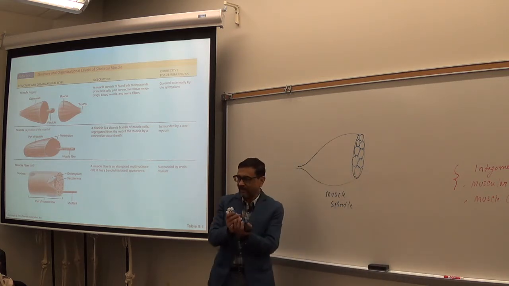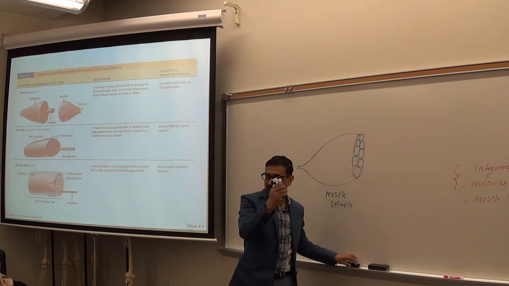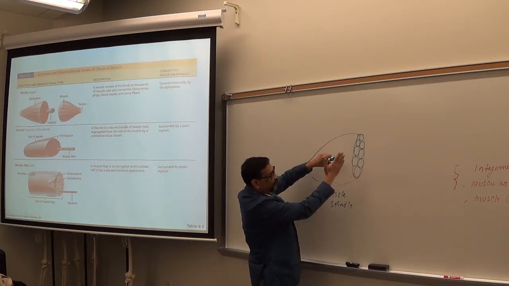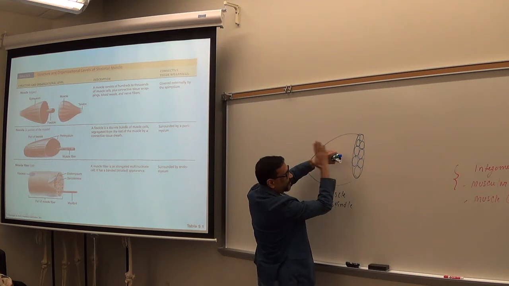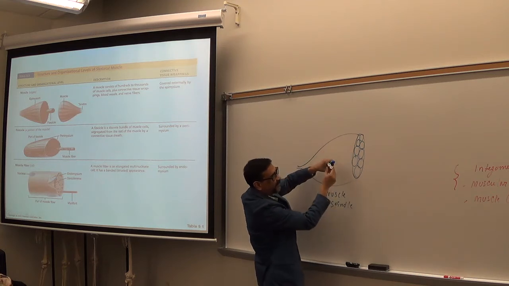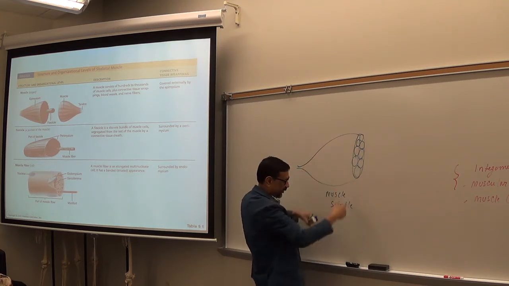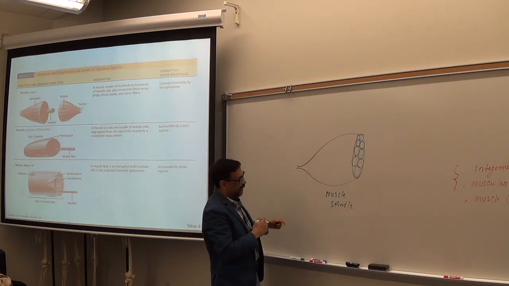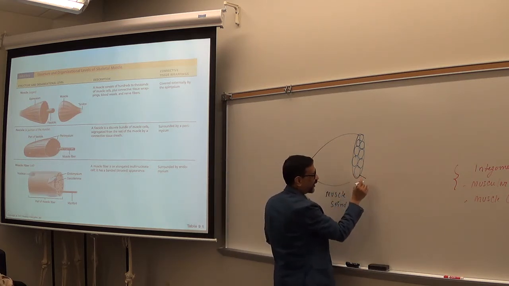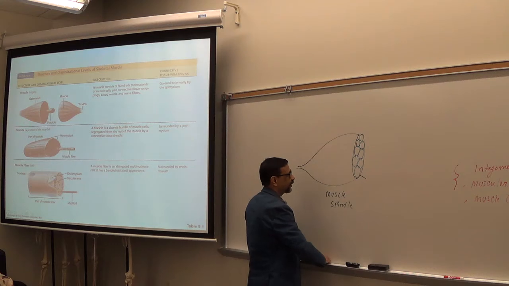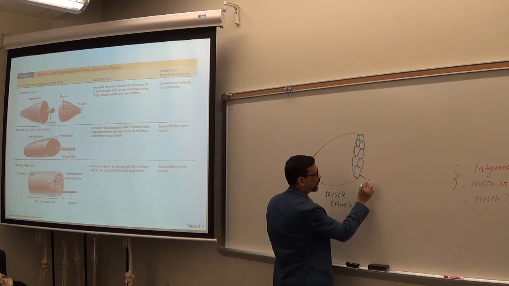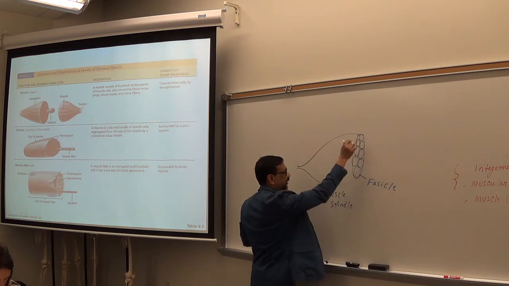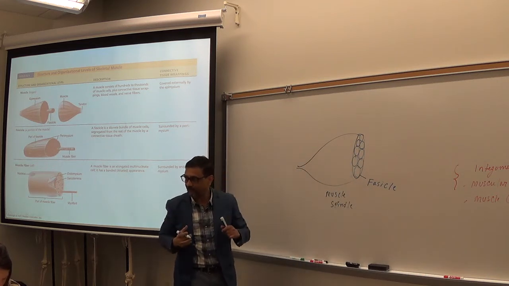Many columns are together, right? So if I cut the whole muscle, I'll see the columns like this inside. And each column is a fascicle. These are fascicles inside the whole muscle.